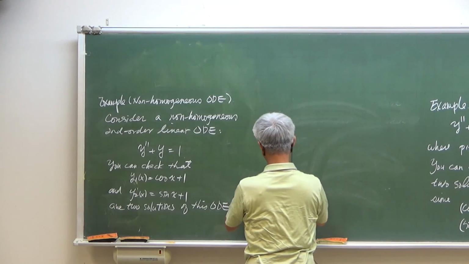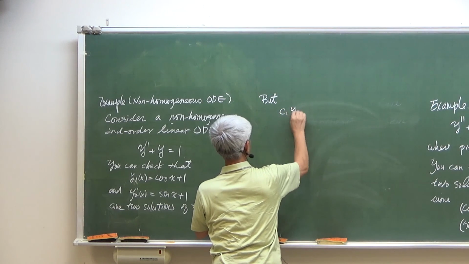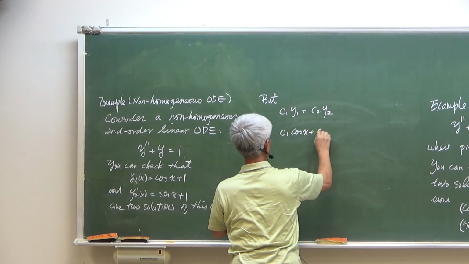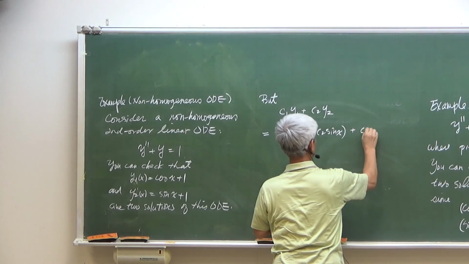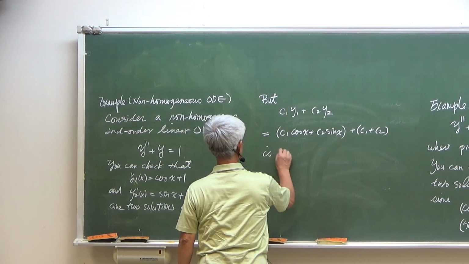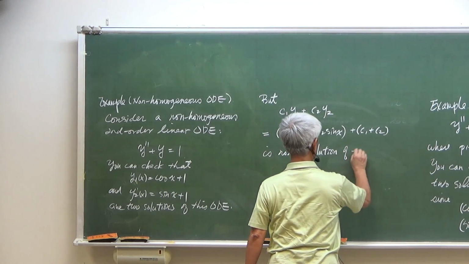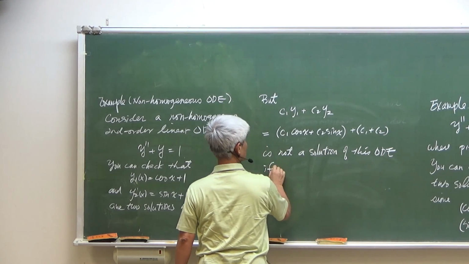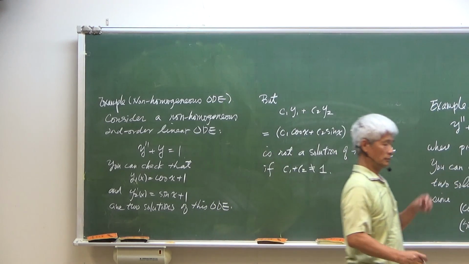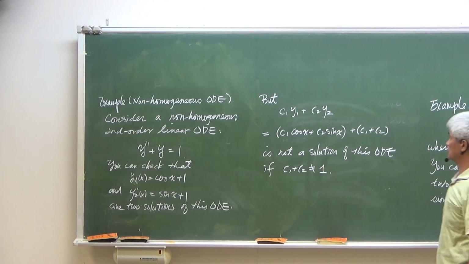But a superposition, which is equal to C1 times the solution, is not a solution of the ODE when C1 plus C2 is not equal to 1. Why?